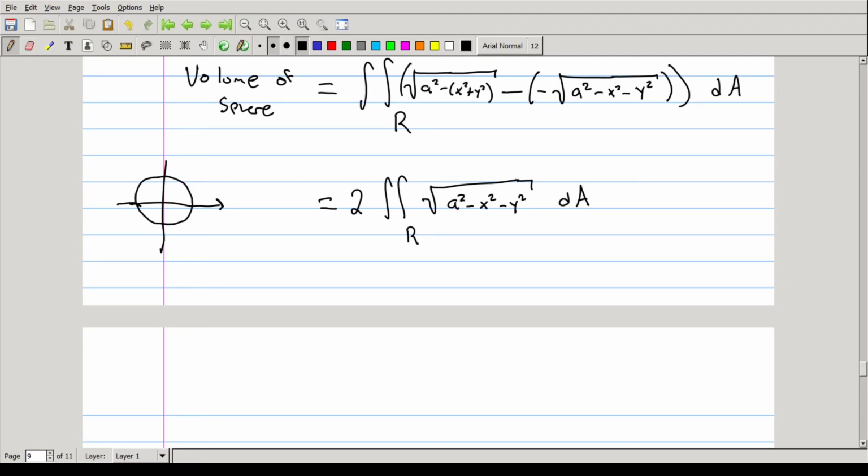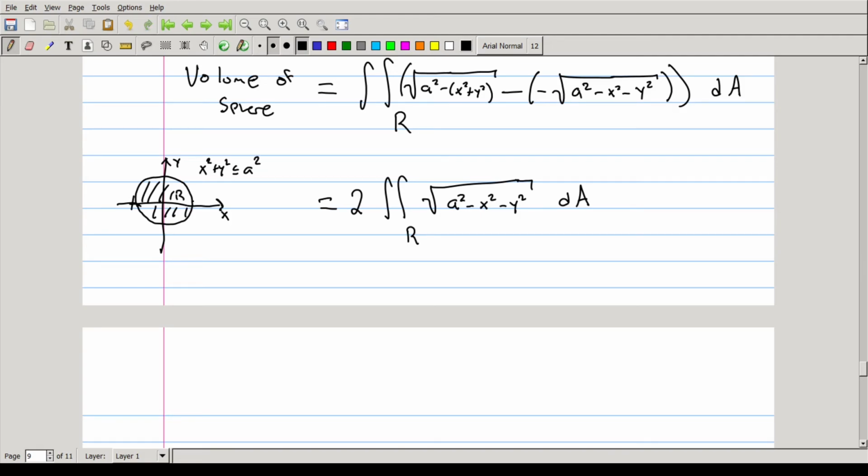And you can see that very quickly by just drawing down the region R, which is all points x and y inside the circle of radius, not 1, but a.